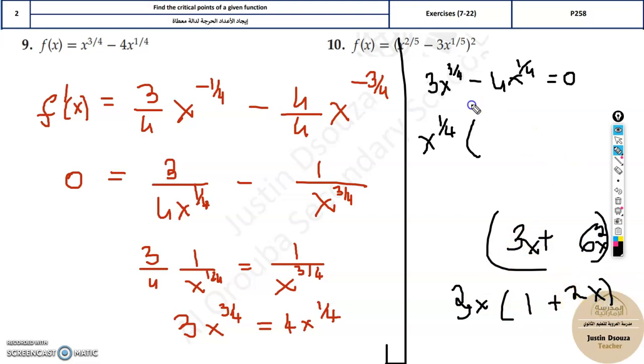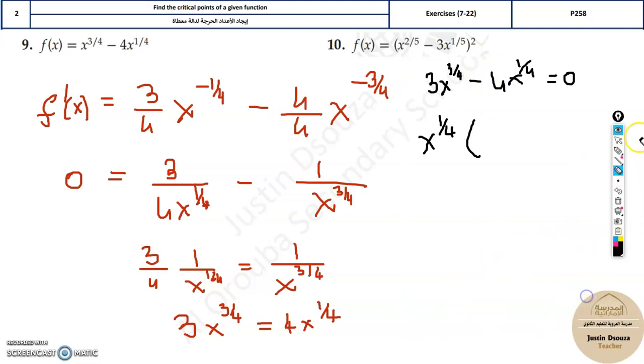But now I'm removing a power that is not a whole power. I am removing 1/4 from these variables only, not the numbers. Remember, exponents you always subtract. I hope you remember it is always minusing the power.